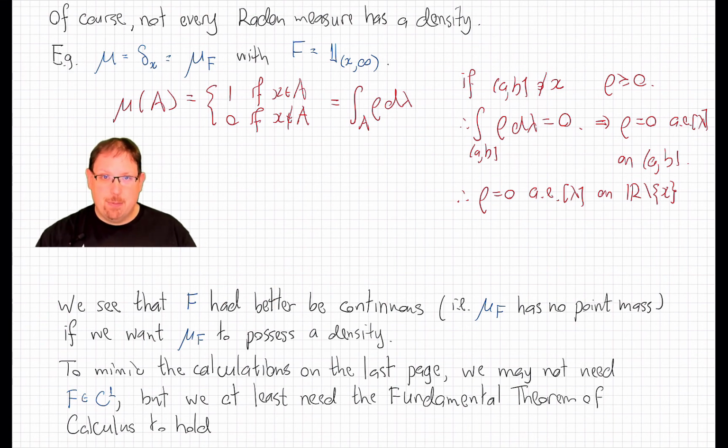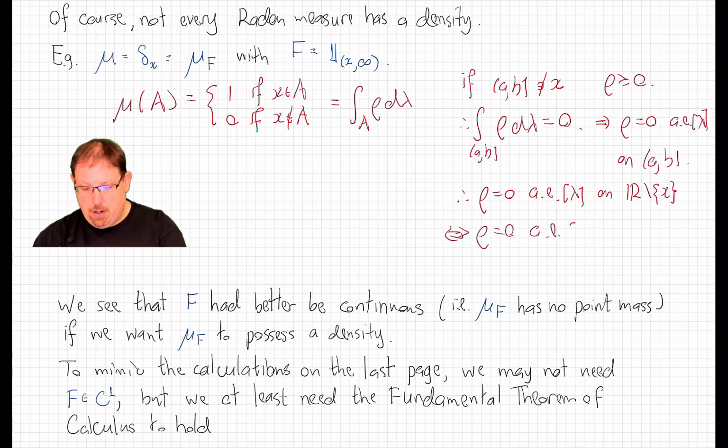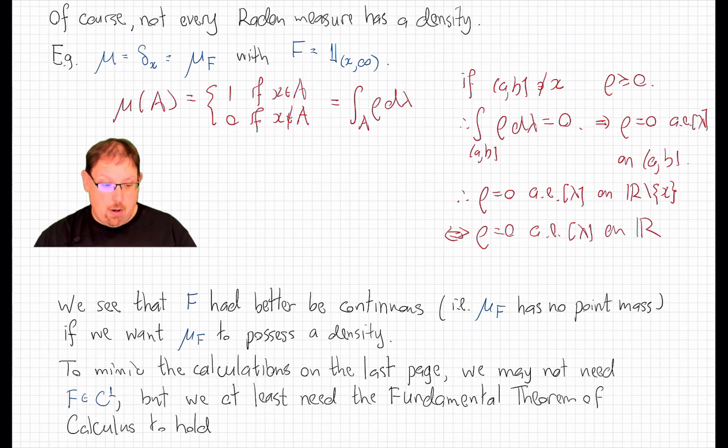But that point has Lebesgue measure 0, so being almost everywhere 0 on the reals minus x is the same as being 0 almost everywhere on the real line. And we know that if a function is 0 almost everywhere on the real line, then its integral over the whole real line, and therefore over any Borel set, will be 0.